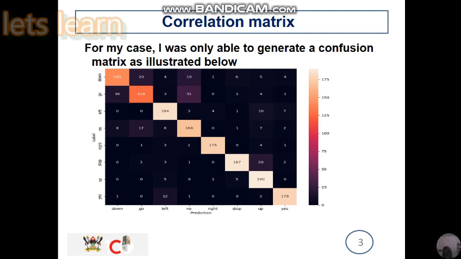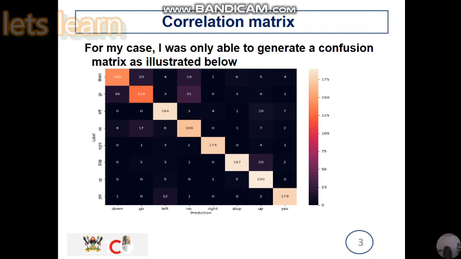A correlation heat map is a heat map that shows a two-dimension correlation matrix between two discrete dimensions using colored cells. So for this case, you can see that the higher the tone, the louder the sound, and the lower the tone, the lower the sound.